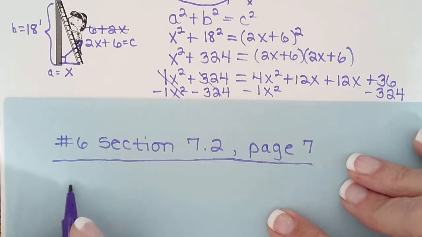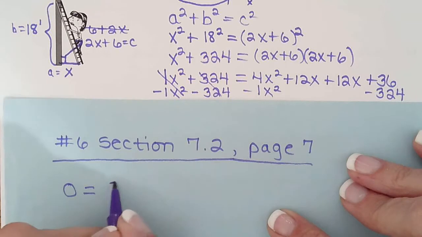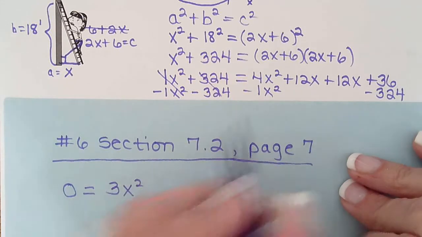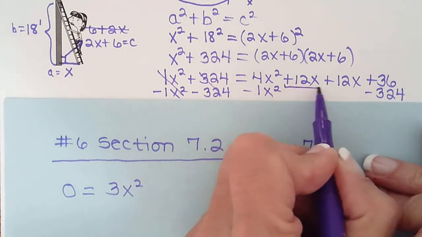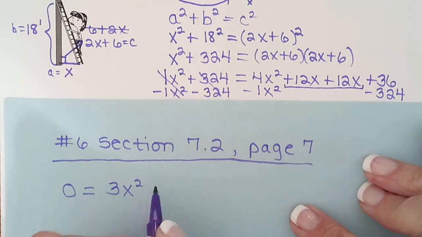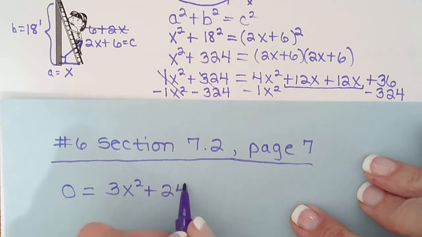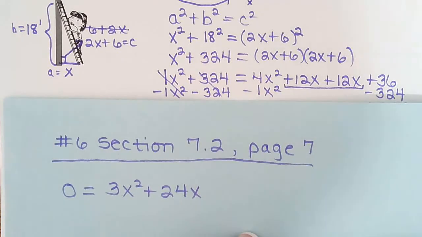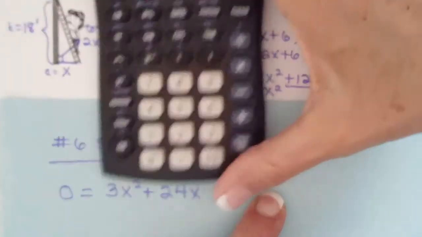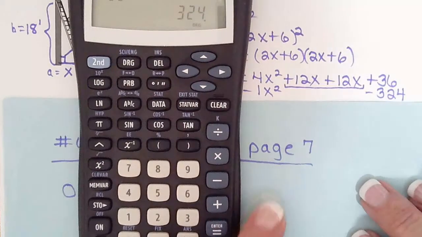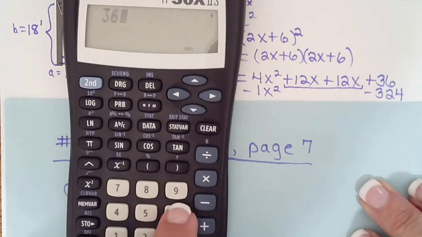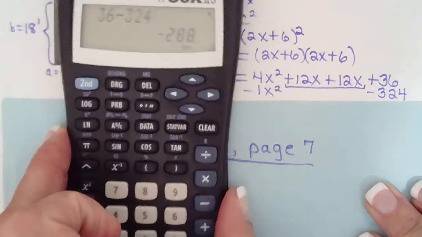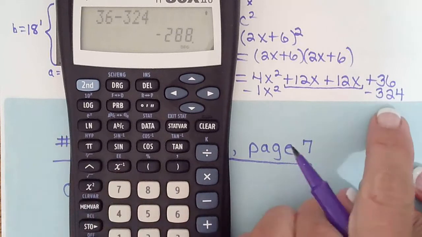So we're going to have 0 equals, and on this side we're going to have 3x squared. And then we have two like terms here. 12x plus 12x would be plus 24x. And then let's use our calculator on this last part. 36 minus 324 is negative 288. So that's for this right here.